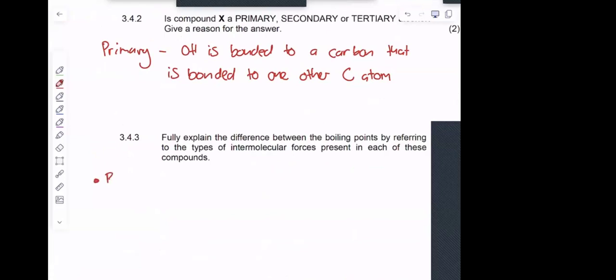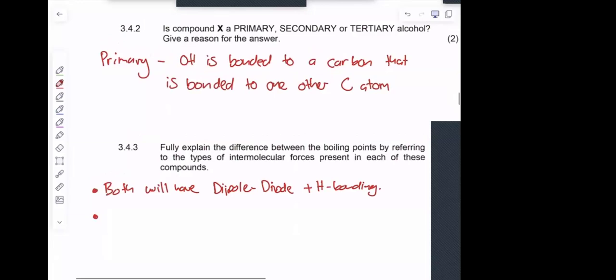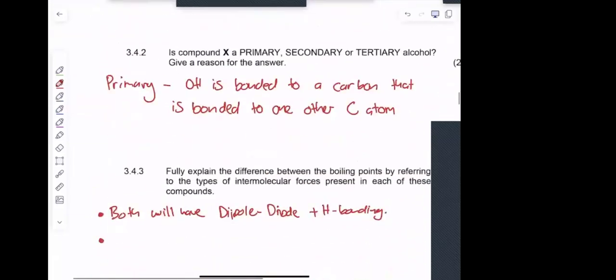So both will have dipole and hydrogen bonding. Okay. Another thing to note in this case is that B, I think it was B. Yes, B has got the higher boiling point, right?